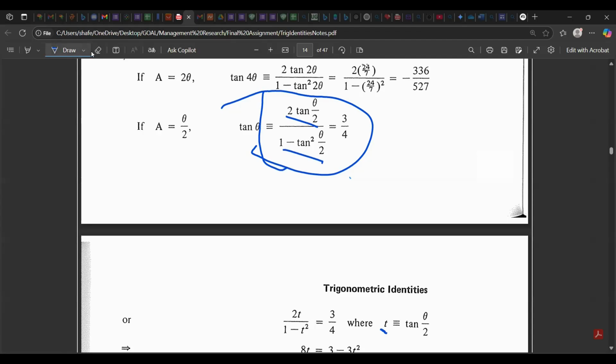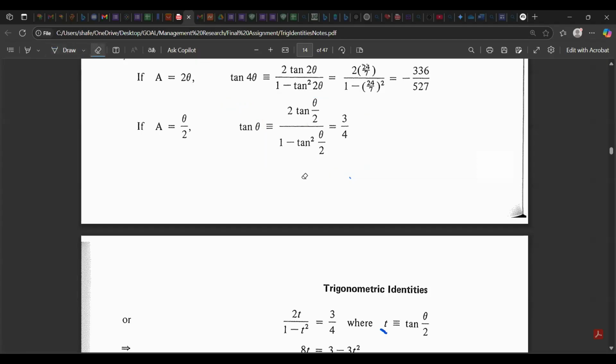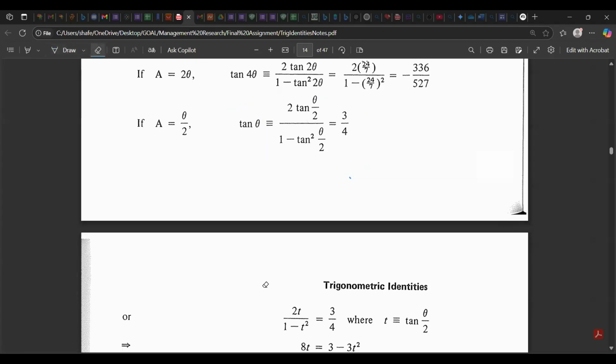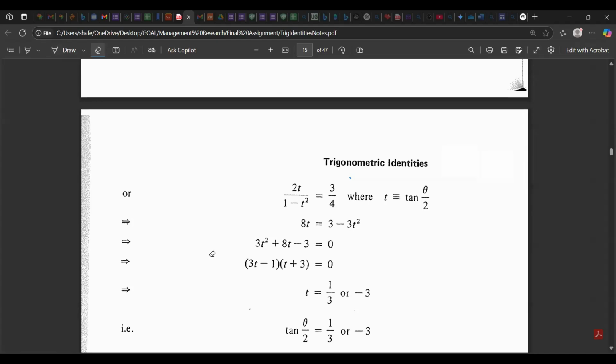With that now, we can do some moving around with t, a little algebra, transpose, whatnot. You end up with a quadratic again, and you solve that and you get t equals 1/3 or minus 3, right?